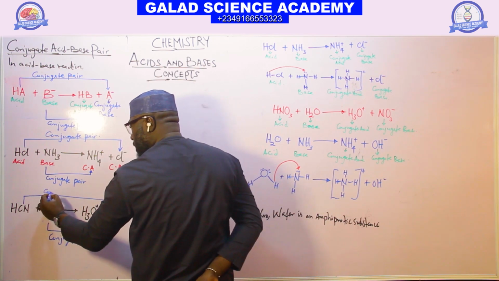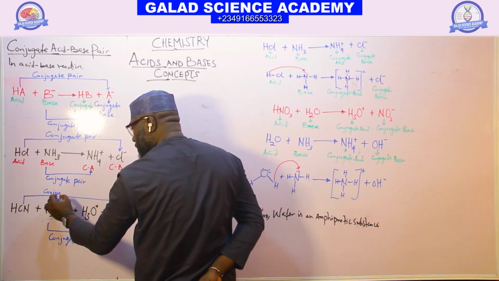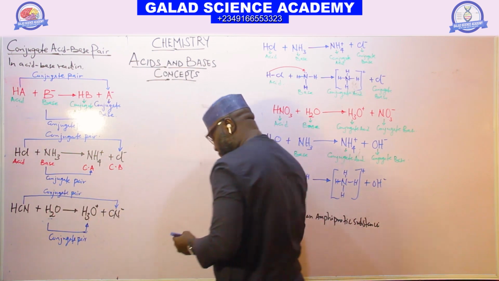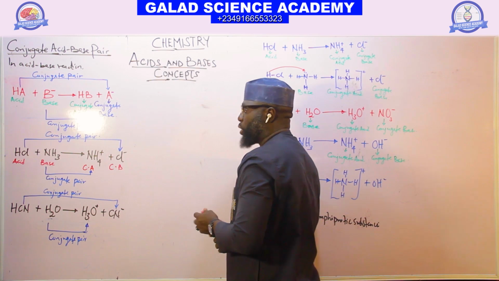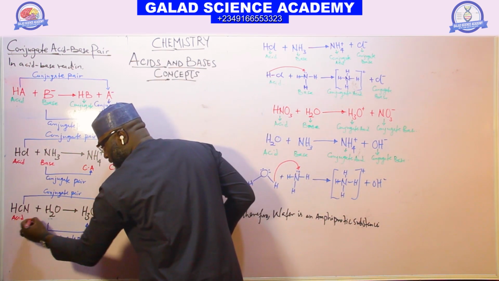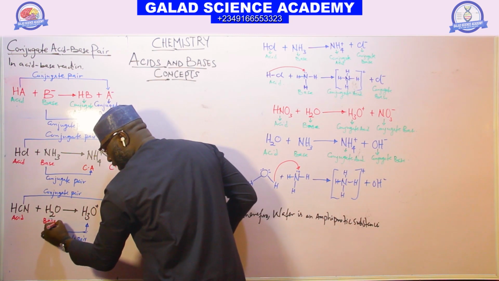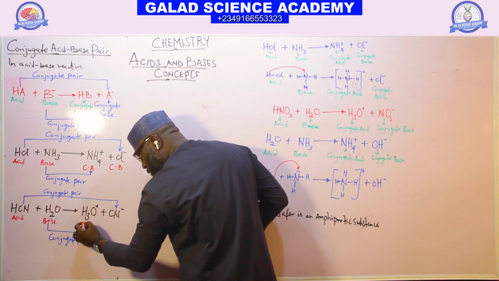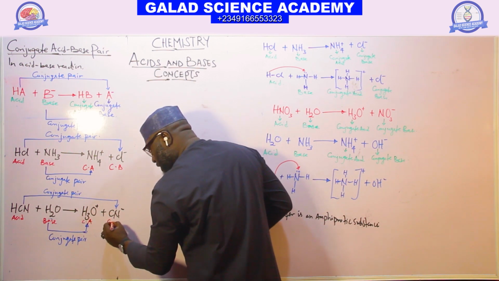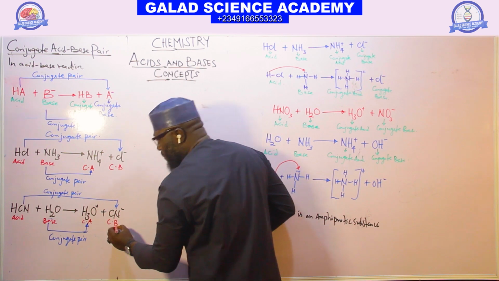And this is also a conjugate pair. From this reaction, this is the original acid and this is the original base. This one is the conjugate acid, and this is the conjugate base.